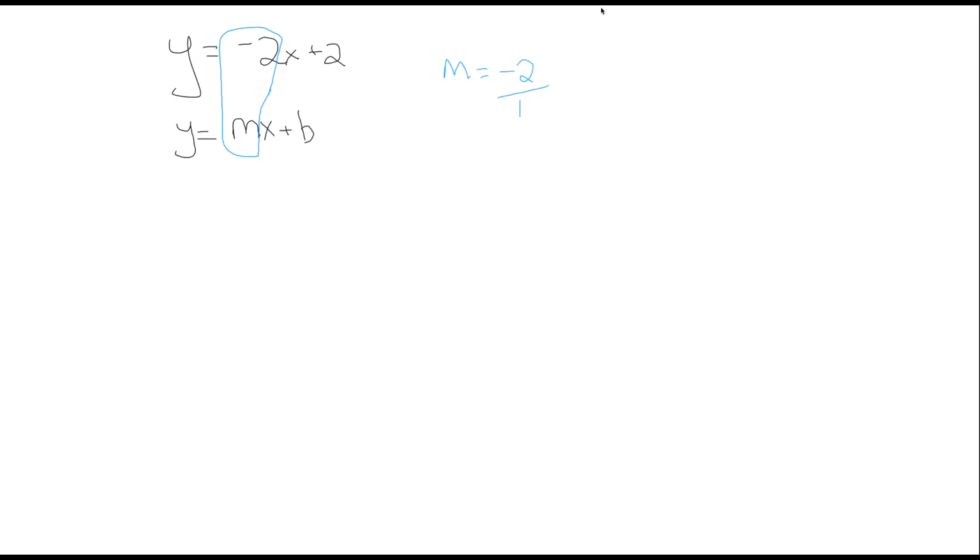Downhill. And my y-intercept, the place where my line crosses the y-axis, is going to be +2. It's like a free point, because that happens when x is 0. So when x is 0, my y-intercept is 2. Now I can plot my point. Take my time.